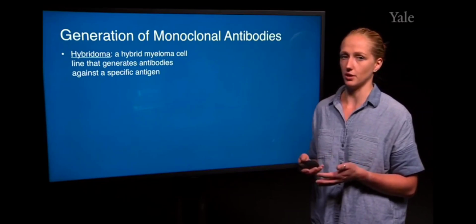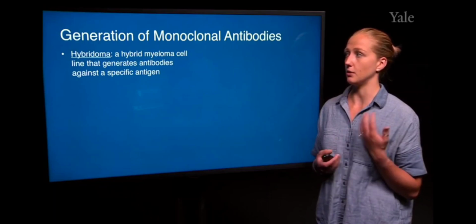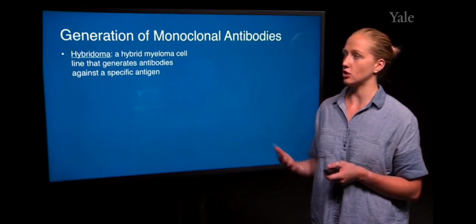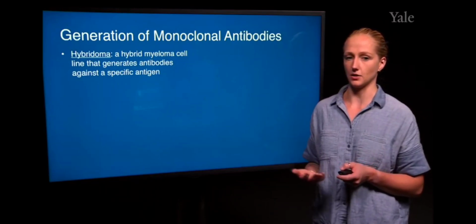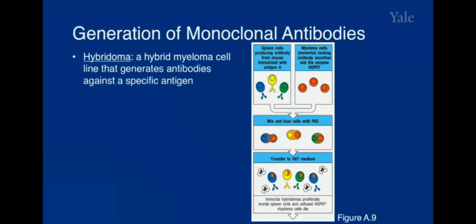So a hybridoma is the hybrid between a myeloma line and a B cell, and this generates antibodies against a specific antigen. The way that these are generated is you take spleen cells, so about 50% of your spleen is B cells in humans and in mice.